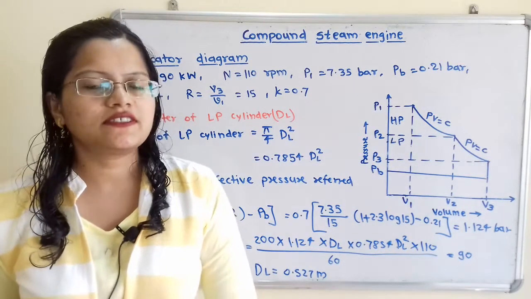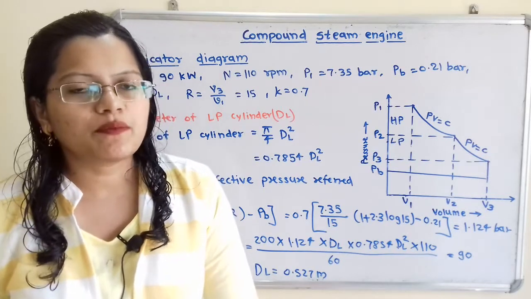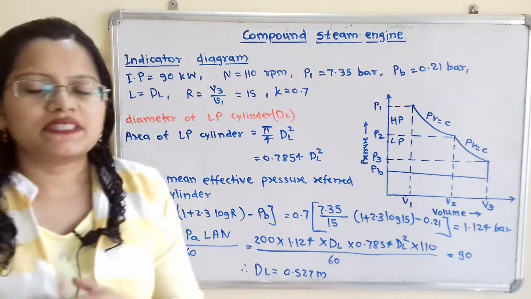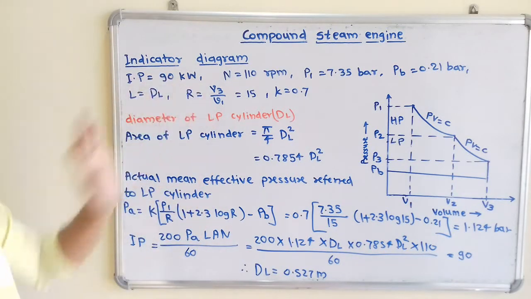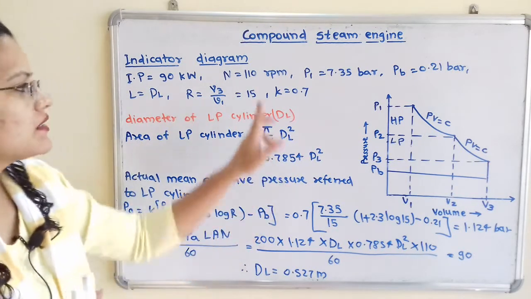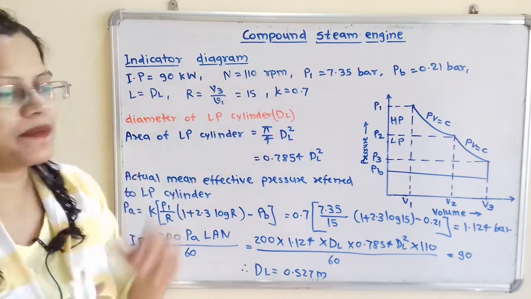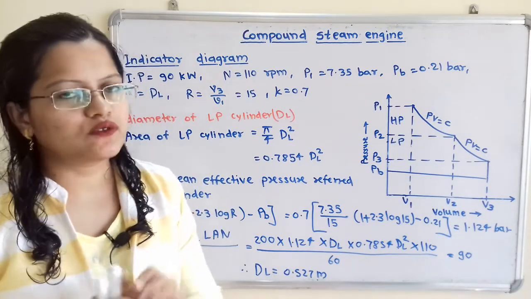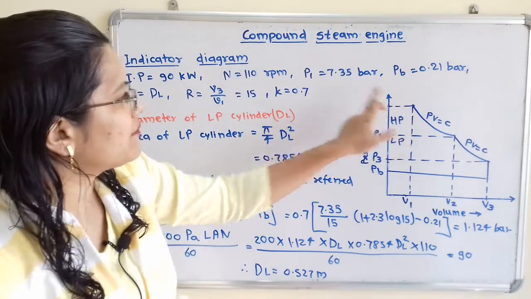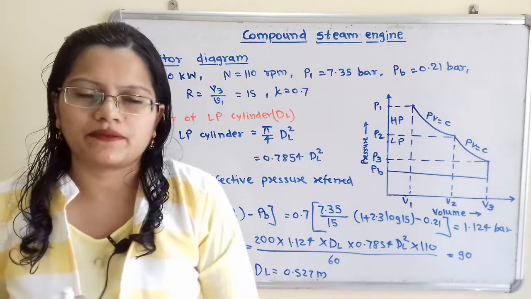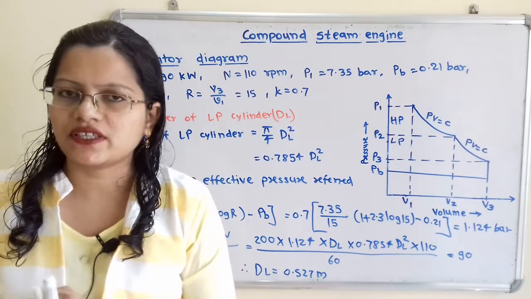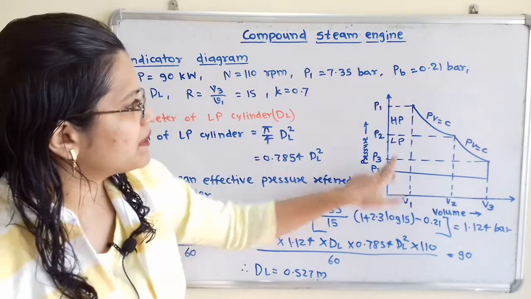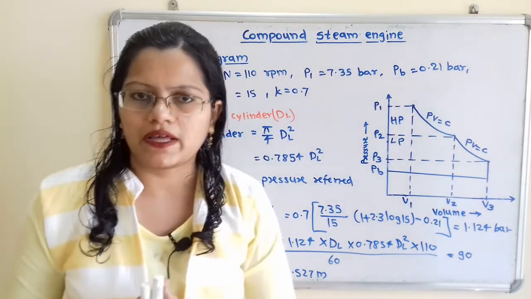Let us first understand the given data. So this compound steam engine has to develop 90 kilowatt. That means indicated power is equal to 90 kilowatt. Then the speed is given, that is n is equal to 110 rpm, and the steam enters at high pressure in HP cylinder. So this pressure is nothing but pressure P1, 7.35 bar. Now here the condenser pressure is given. That is, we can say that condenser pressure is back pressure, that is PB is equal to 0.21 bar.